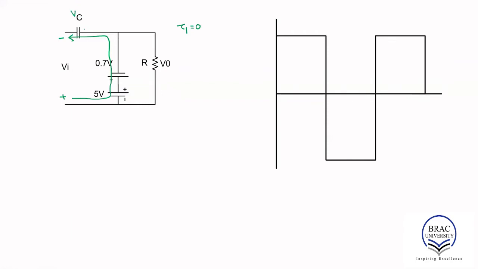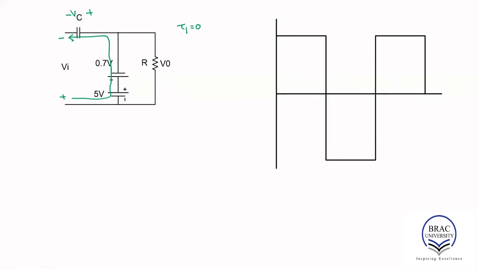We already learned that we have to select the polarity of the capacitor voltage such that the terminal through which current is entering will be our positive terminal, and the terminal out of which the current is leaving will be our negative terminal.